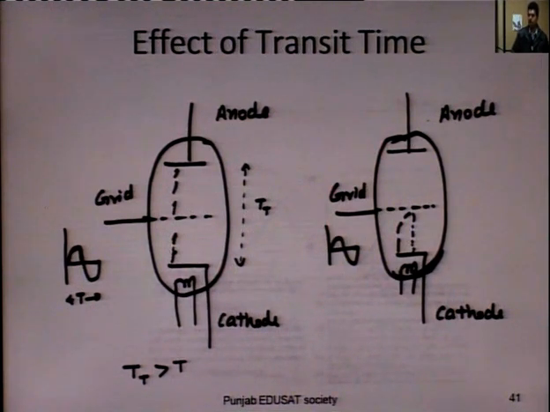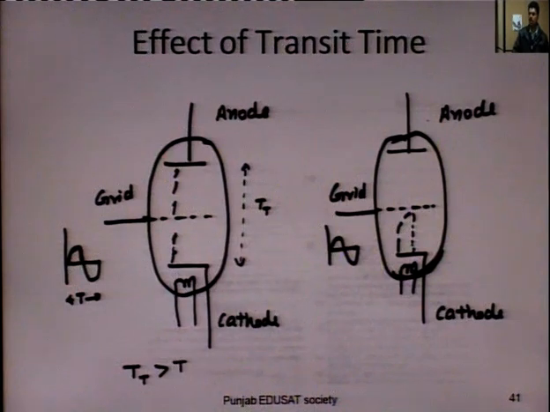So, that is because the transit time is very large, whereas the time period of the microwave signal is very short. So, the number of electrons from cathode to anode will not follow the change in grid potential.